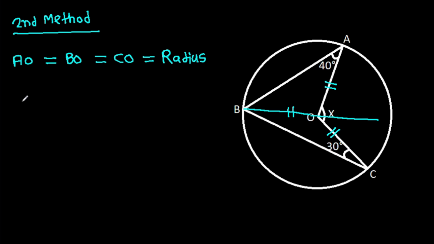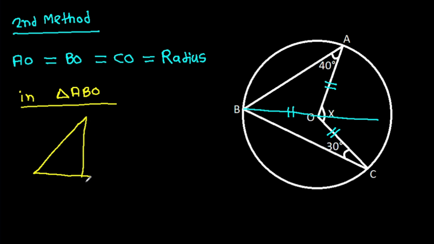And in triangle ABO, AO and BO are equal.